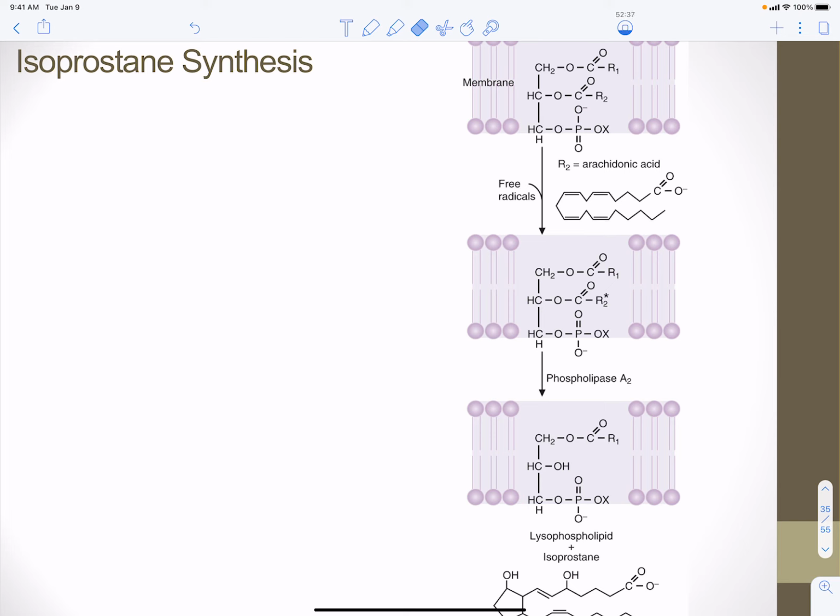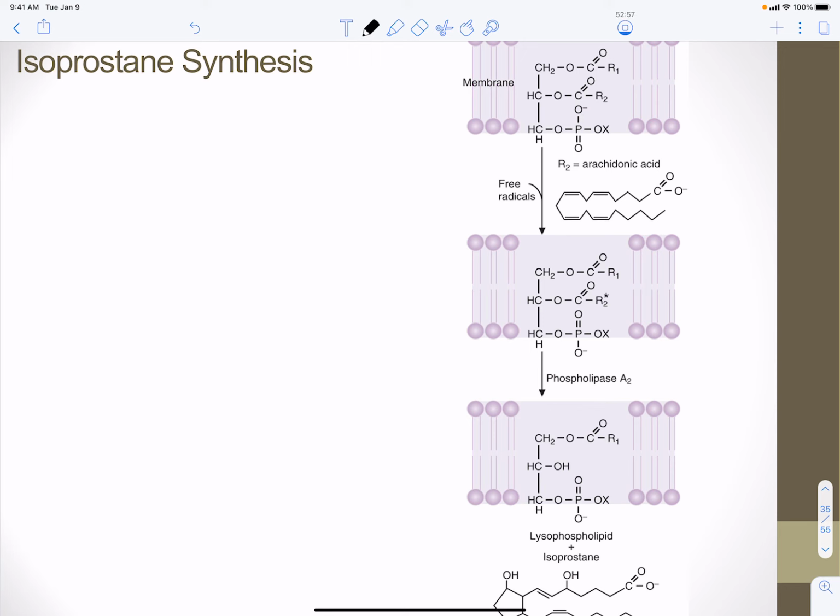Now, arachidonic acid, when it's part of that phospholipid at position 2, can undergo free radical damage. And then what happens is phospholipase A2 will remove the altered icosanoid and try to replace it with a good icosanoid. And this is going to release it into the circulation.